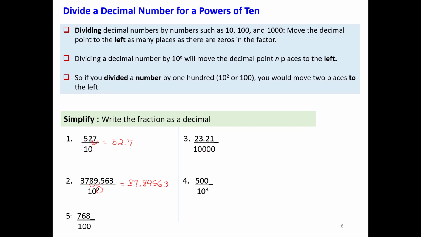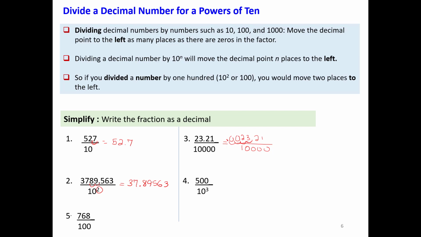In the next problem, we have to move the decimal point 1, 2, 3, 4 places. Then let me write this one again here. I will give a little more space. 10,000. 1, 2, 3, 4 zeros. Then we need to move 1, 2. If there are no more numbers here, we add zeros. Then 1, 2, 3, 4.